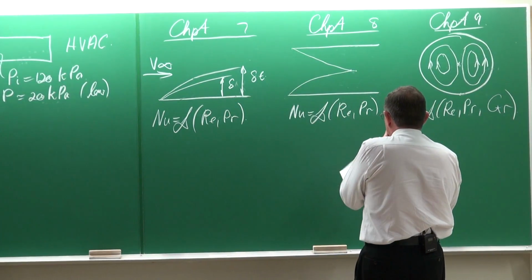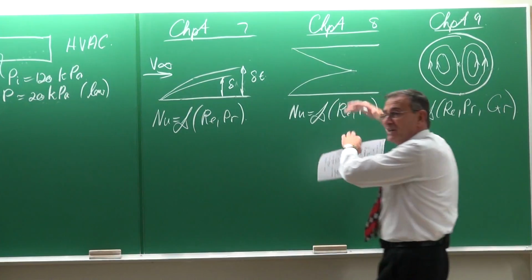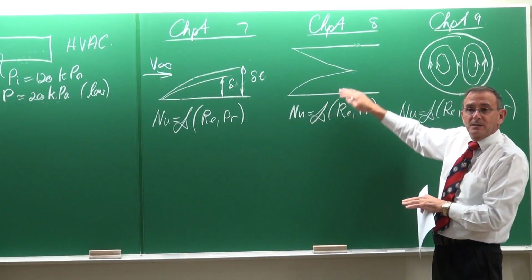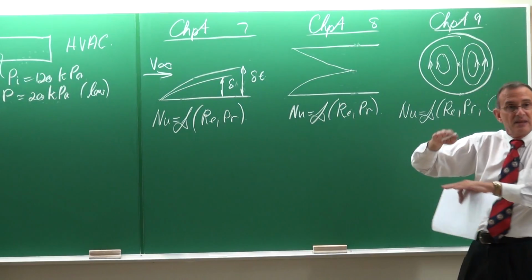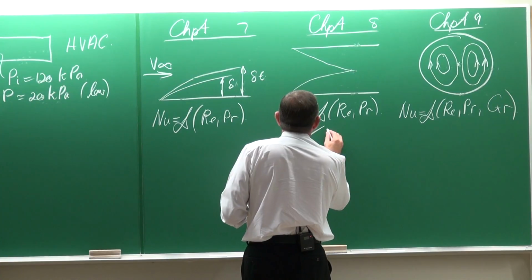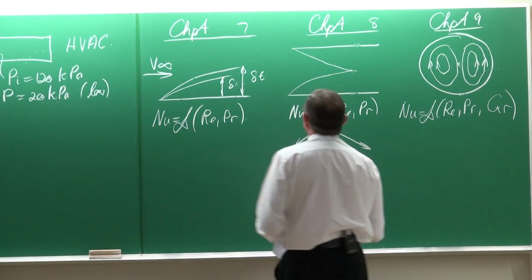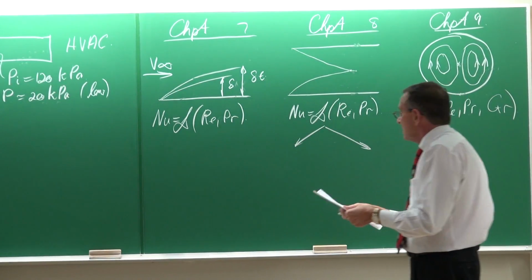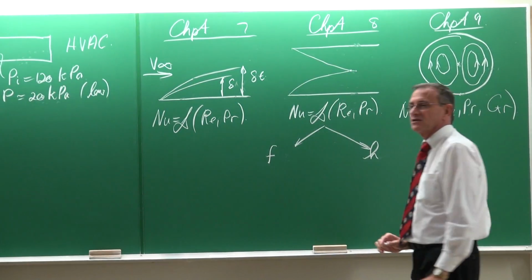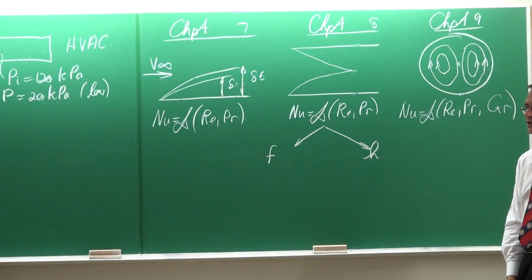Now with internal flow, normally there's also heating and cooling because the walls are at a higher temperature or a lower temperature than that of the fluid. But in general, what we are always interested in when we look at internal forced convection is to get the friction factors and the heat transfer coefficients. Those are the two things that we are interested in.